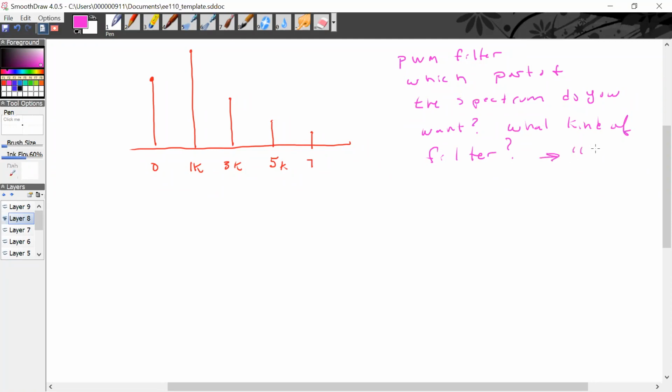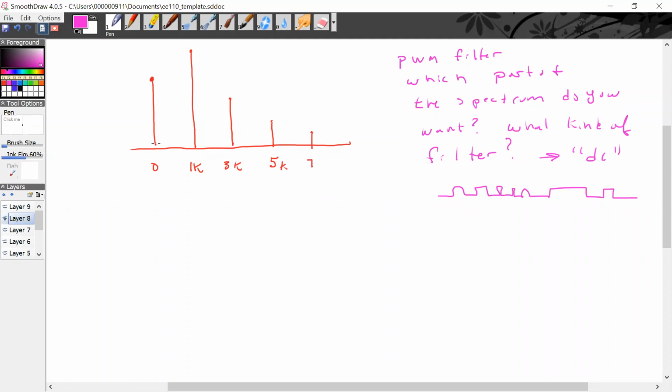Well, I want, and I'm going to put in quotes, DC, because in fact you can change this over time, meaning you can be at 50% and then at a quarter, and then as time goes on, at 3/4. So you are changing this. You're encoding your music or your motor.